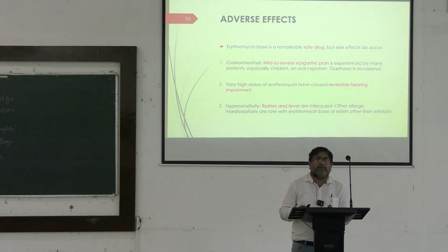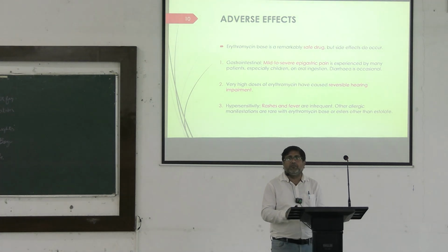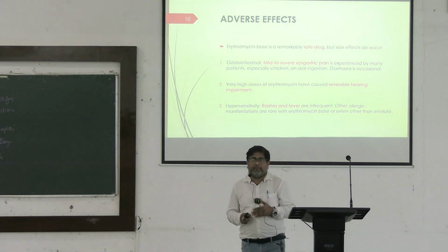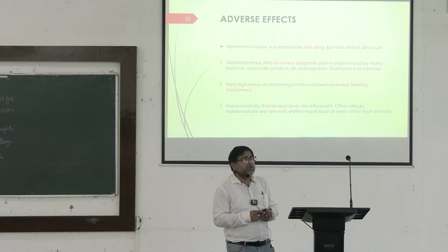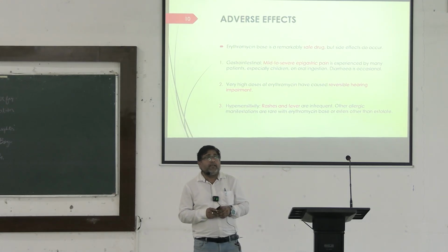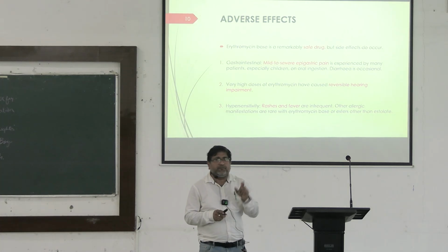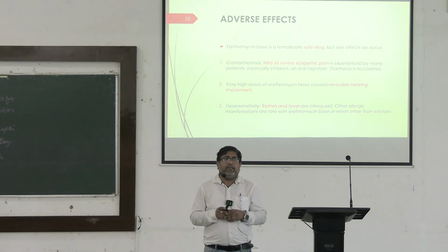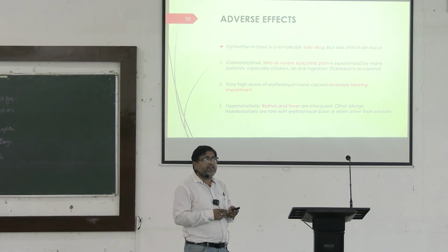These motilin receptors are present in the upper gastrointestinal tract and are responsible for gastric emptying. As it acts as an agonist to the motilin receptors, it increases gastric emptying, and the side effect, epigastric pain, is noted due to cramps in the upper gastrointestinal tract muscles.